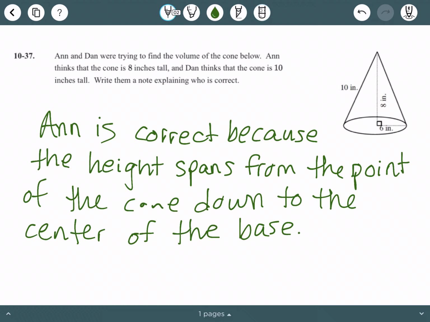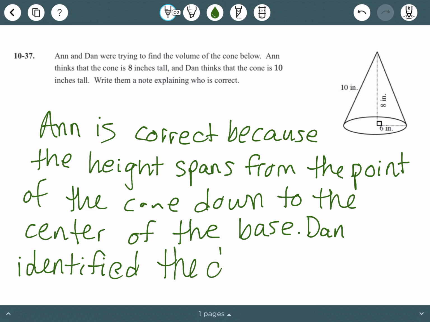Now Dan, we want to say Dan got a little confused here. How do we want to say this? I guess we could say Dan identified the diagonal, not the height.